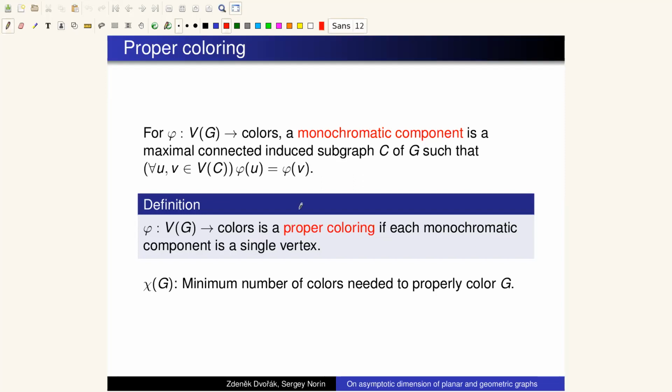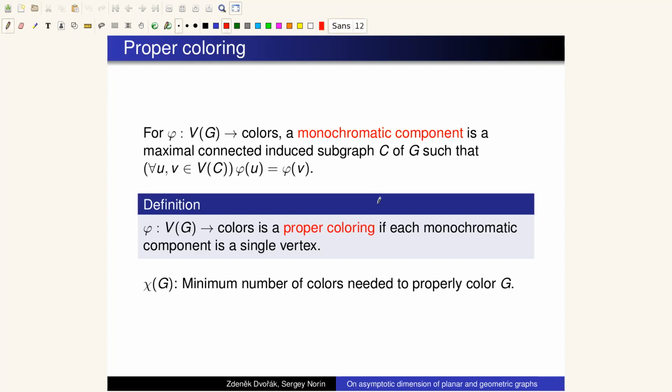And now we say that this function is a proper coloring if each monochromatic component is just a single vertex. So this is a weird way to define a proper coloring, but it works. And the chromatic number of a graph is then the minimum number of colors that you need to properly color your graph.